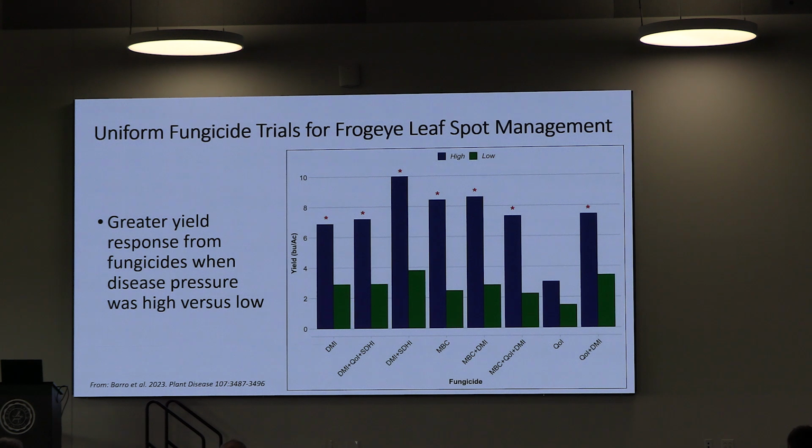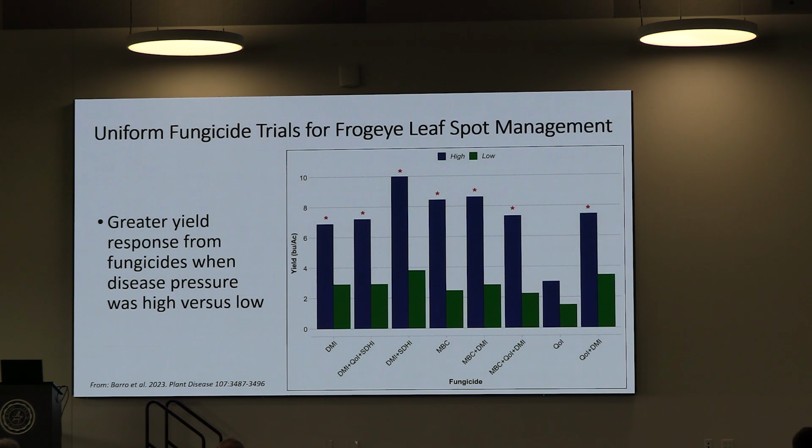This is a breakdown of looking at high disease pressure and low disease pressure with all the different chemistry classes there. And again, kind of the take home is where we see our largest yield responses, which would be mostly those blue bars. Those blue bars are high disease pressure, okay?